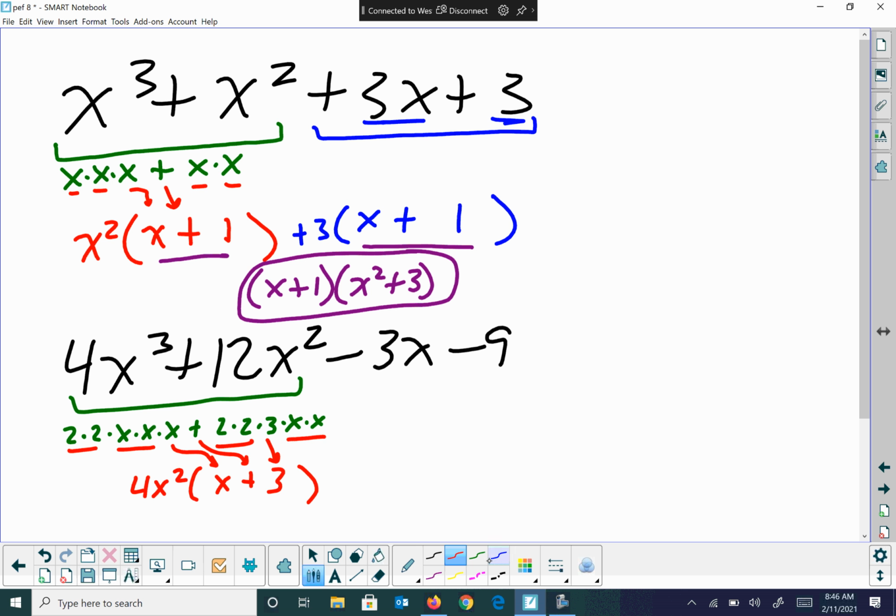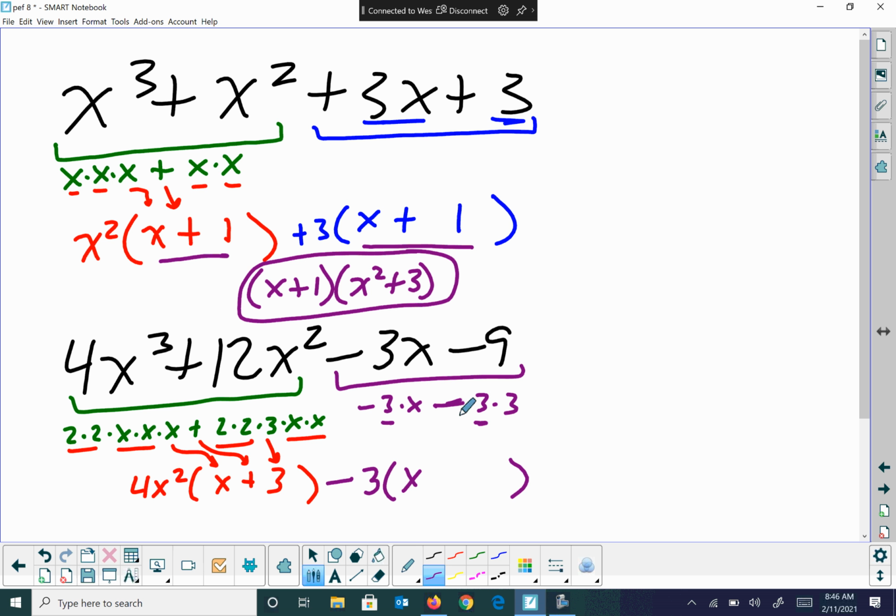We're now going to go to the other equation. Remember I said if that term is negative, we got to make sure we factor a negative out. So that's negative 3x minus 3 times 3. So I can factor a 3 out of both of those, and it's a negative 3. If I factor a negative out, the signs have to change. So this is no longer a negative x, it's going to be a positive x.